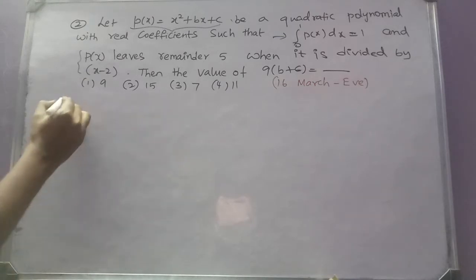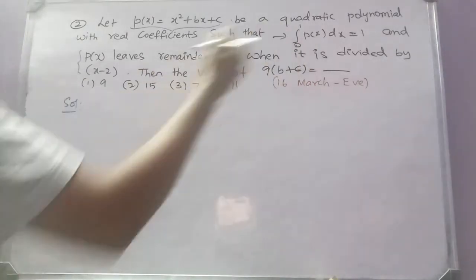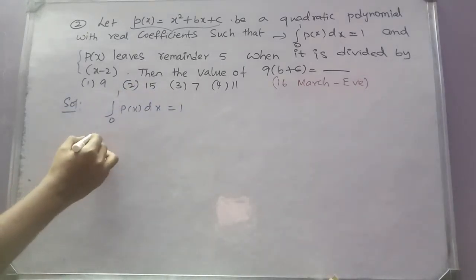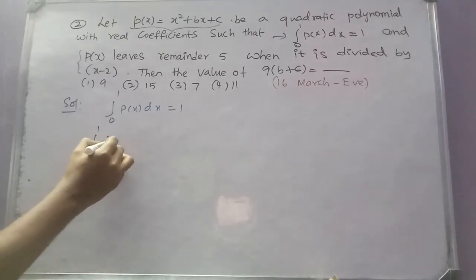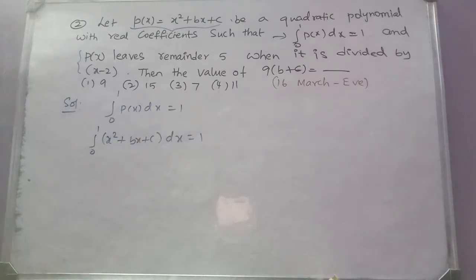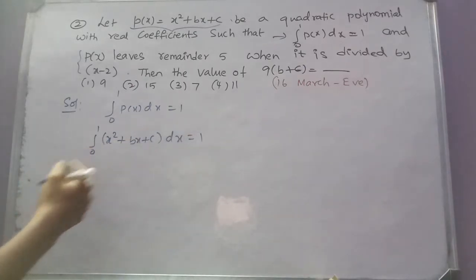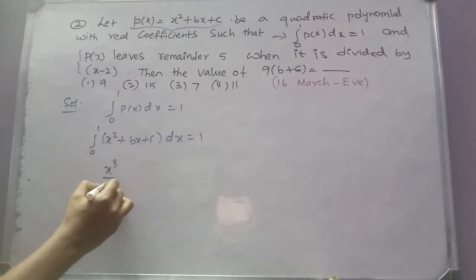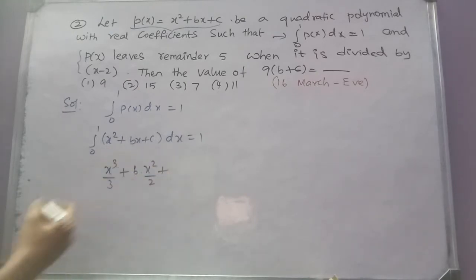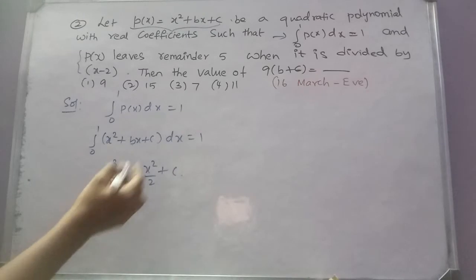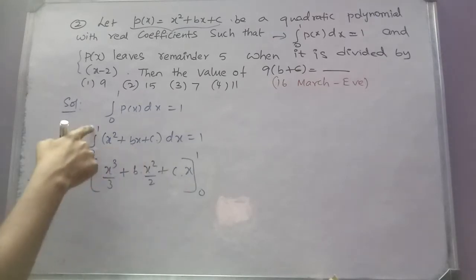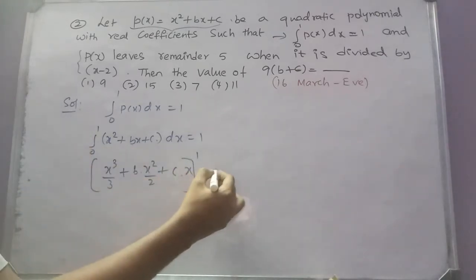Okay, so first of all, let us find what is integral 0 to 1 p of x dx equal to 1. Let us solve this. Integral 0 to 1 of x square plus bx plus c into dx is equal to 1. First let us integrate all these three terms. Integral x square is x cube by 3 plus b into integral x is x square by 2 plus c into integral of 1, which is x, with lower bound 0 and upper bound 1, equal to 1.